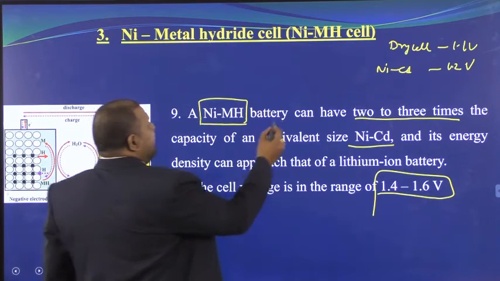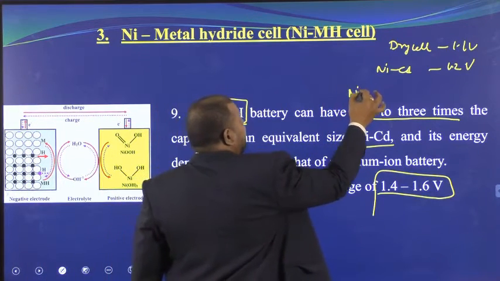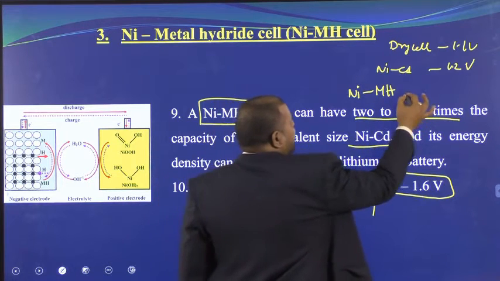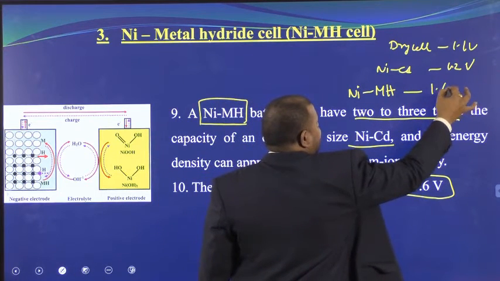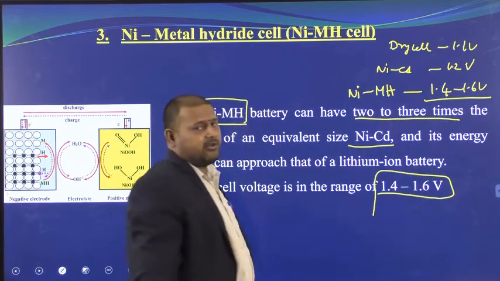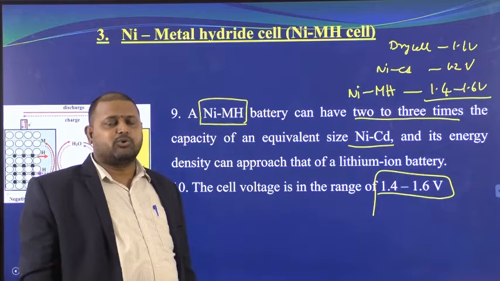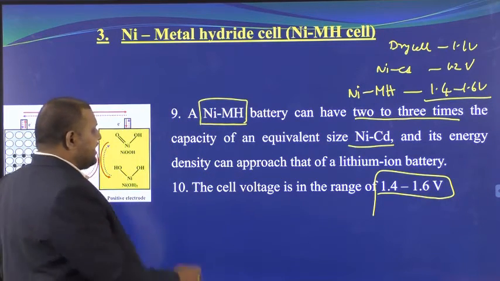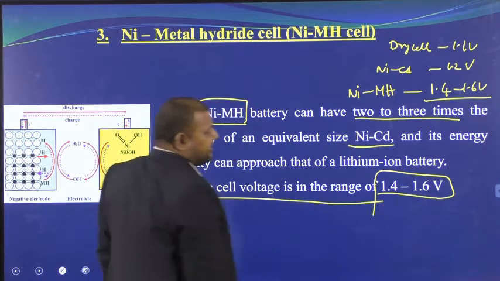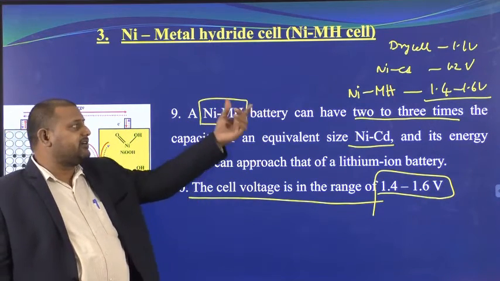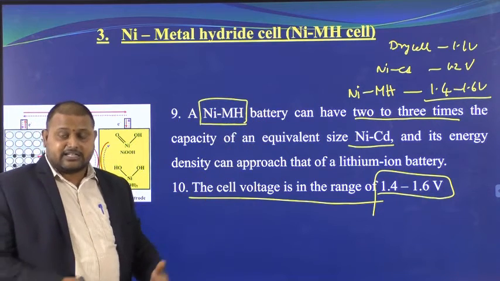So nickel metal hydride battery, M means metal, H means hydride, it is 1.4 to 1.6 volts. Generally we write 1.4 or 1.6. Whatever is more comfortable, you can use it. So this is the reason why these are gaining importance, because the cell voltage is very high when compared with the dry cell, and it is rechargeable, right?